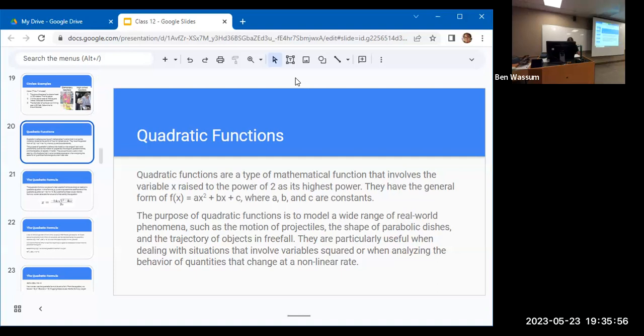quadratic functions aren't bad. There's a lot of different ways of dealing with them, and they seem pretty complicated. But if you know the quadratic formula, you could pretty much throw any quadratic function at it and get the answers spit out, basically. And that's pretty much what I'm shooting for.